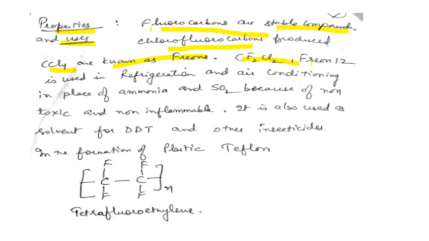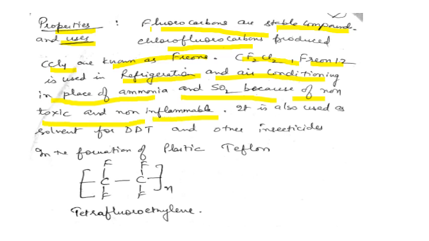Difluorodichlorocarbon, freon 12, is used in refrigeration and air conditioning in place of ammonia and SO2, because of its important properties, non-toxicity and non-inflammability.